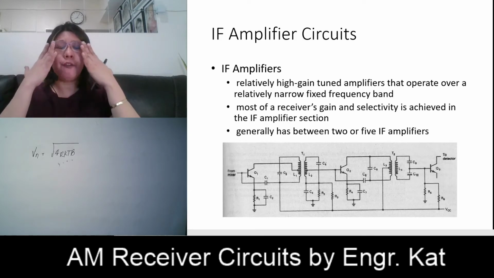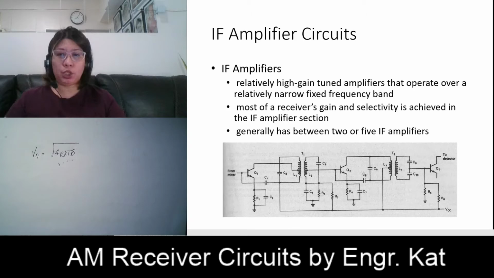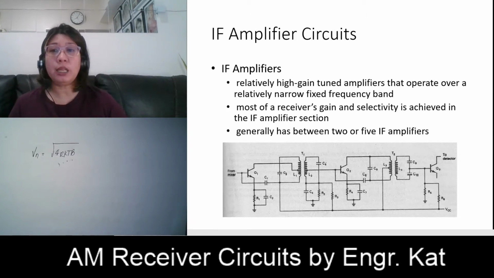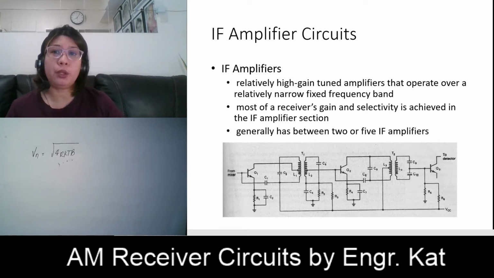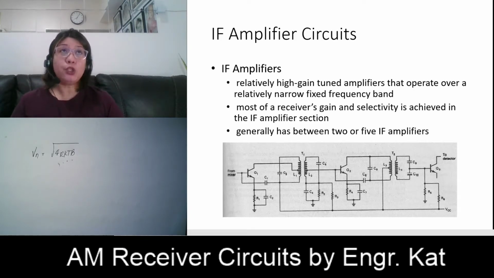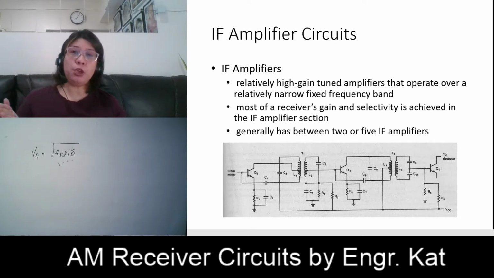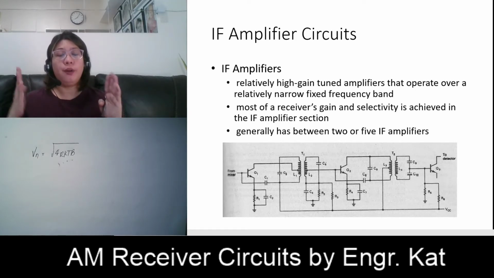IF amplifiers are usually in a lower frequency range. Okay, so IF amplifiers are relatively high gain tuned amplifiers that operate over a relatively narrow fixed frequency band. So we are already improving your bandwidth. How? By narrowing already our frequency band.